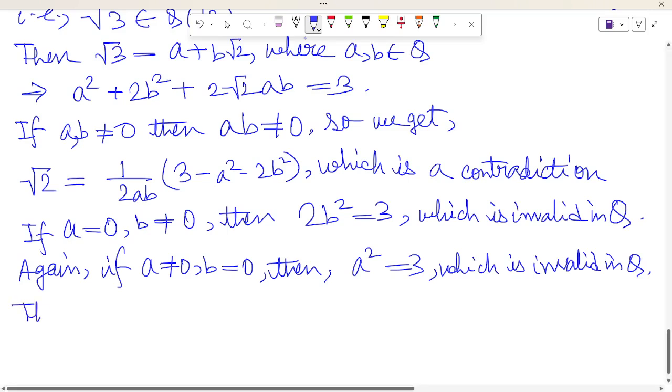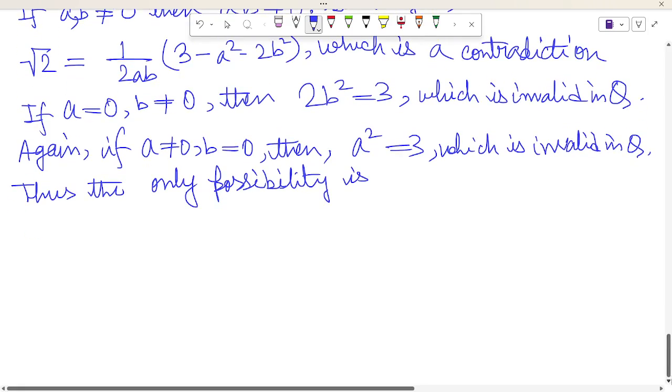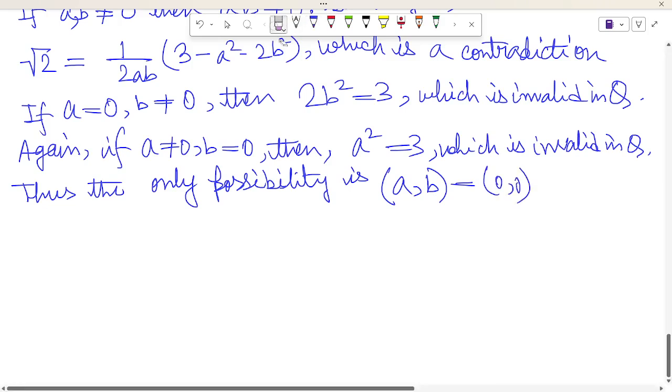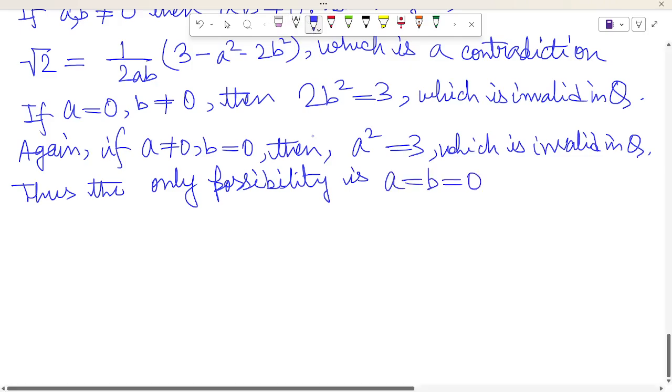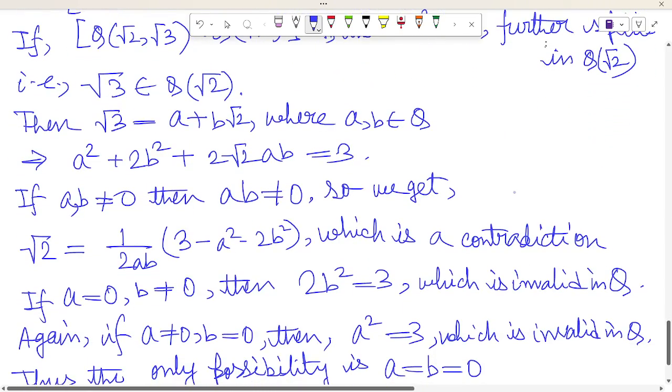Thus the only possibility is, what is the only possibility? The only possibility is a and b both are 0. So it's again a contradiction.